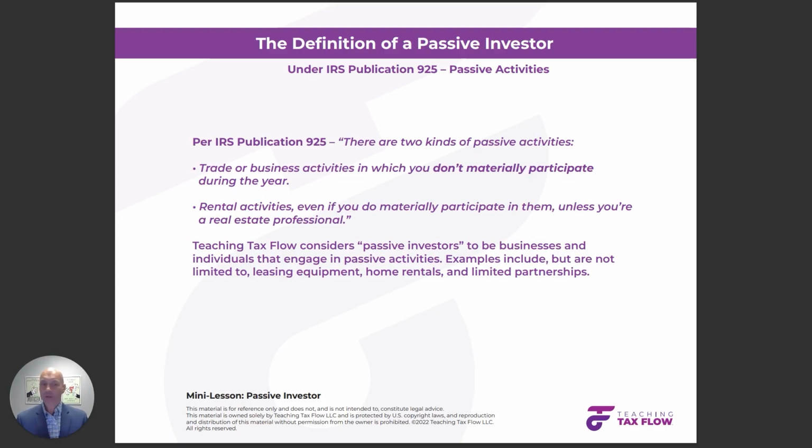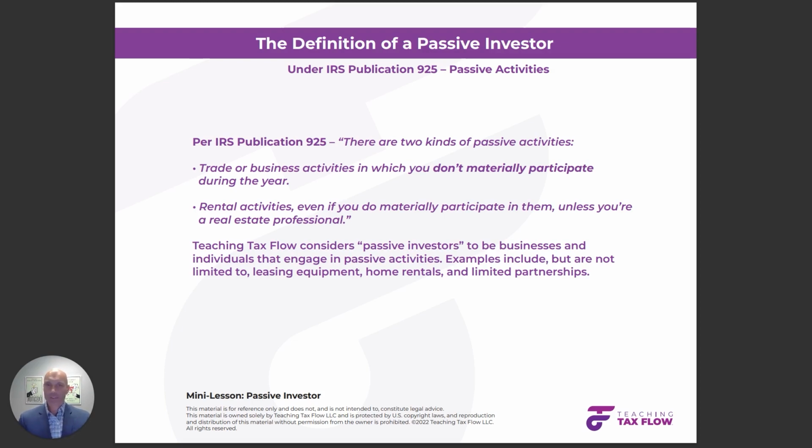The second one is rental activities, even if you do have material participation, unless you're a real estate professional. So by default, rental activities are a passive activity according to IRS Publication 925. So if you're involved in rental activities, you are by default a passive investor.